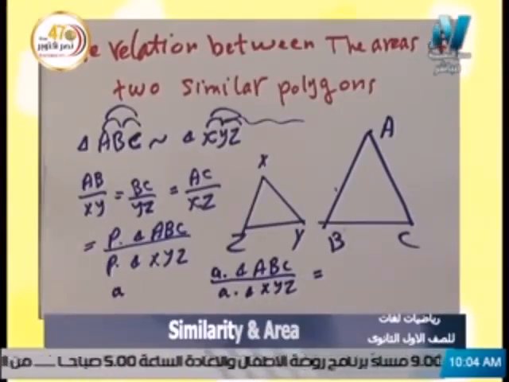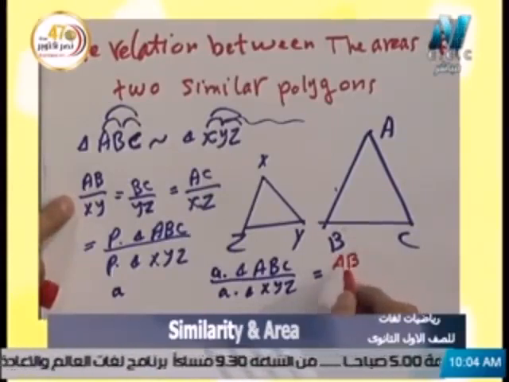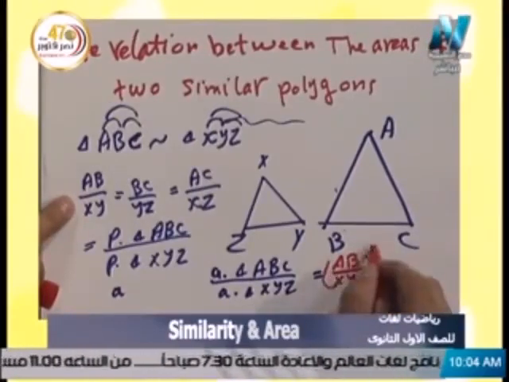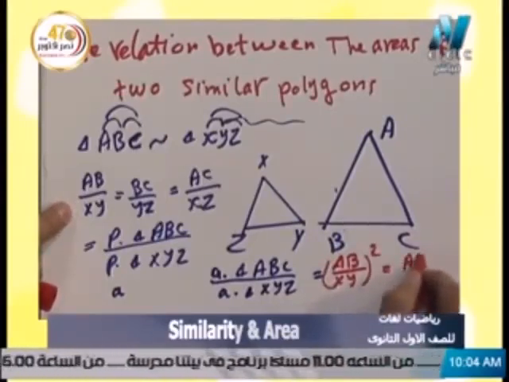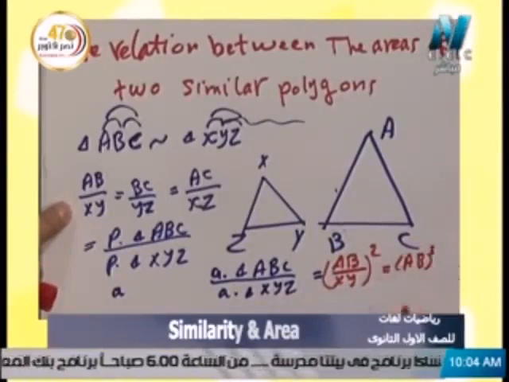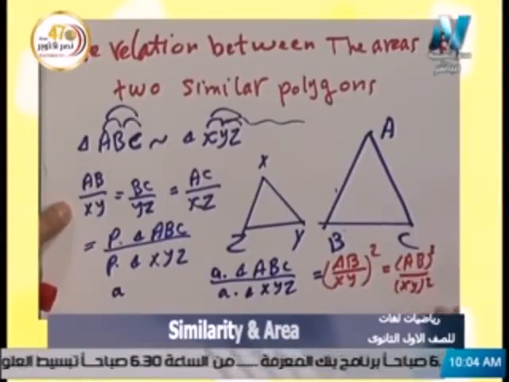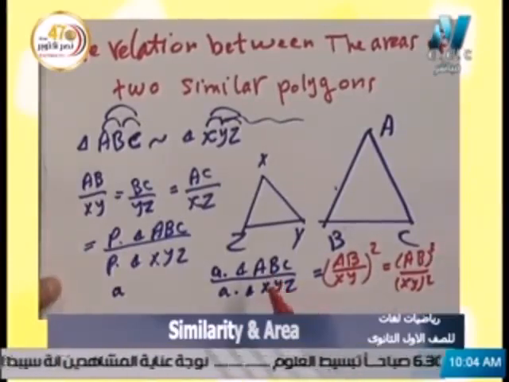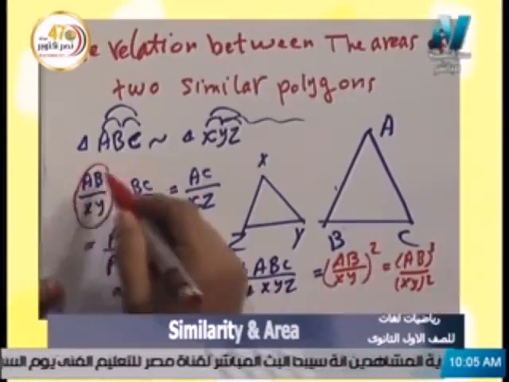We can say it equals AB over XY all power 2, or we can say AB power 2 over XY power 2. So the ratio between the areas of two triangles equals the square of any ratio of these ratios.